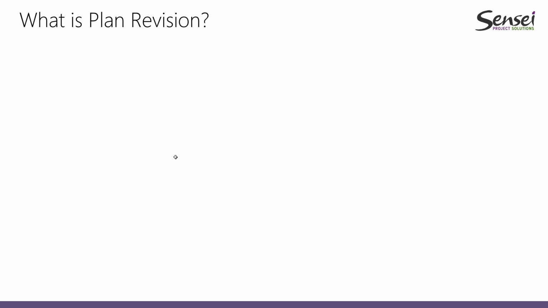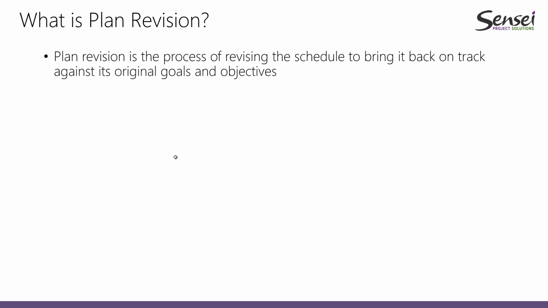Here we are going to quickly discuss what a plan review is. A plan review is the process of receiving all the tasks, receiving all the information, processing them, and then revising the schedule to bring it back on track against its original goals and objectives.